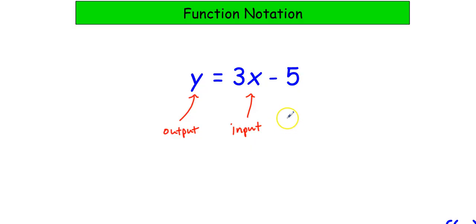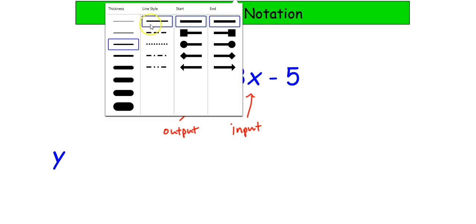Well, there's another, slightly more advanced notation, and it's called function notation. What this really is: instead of a y here, we replace the y value with what's called f of x. F of x notation.